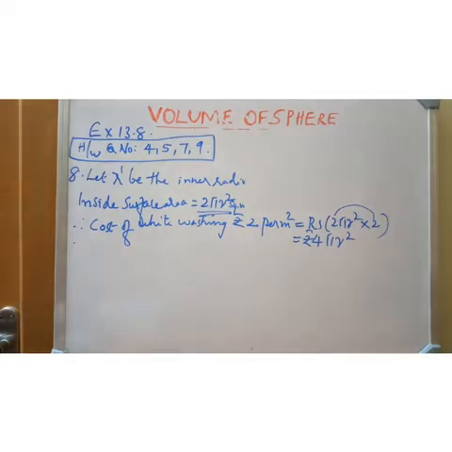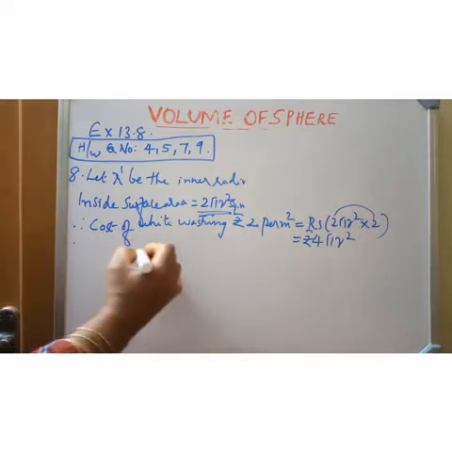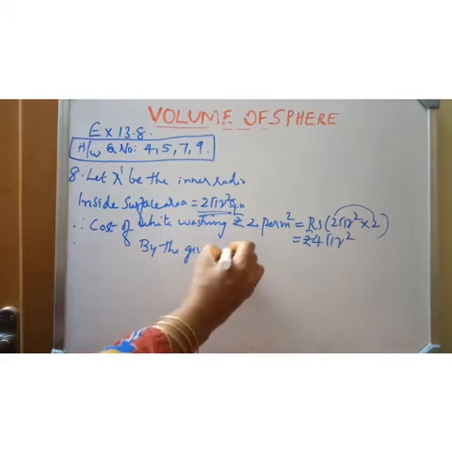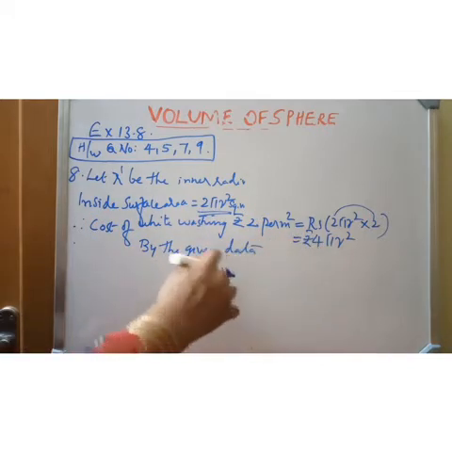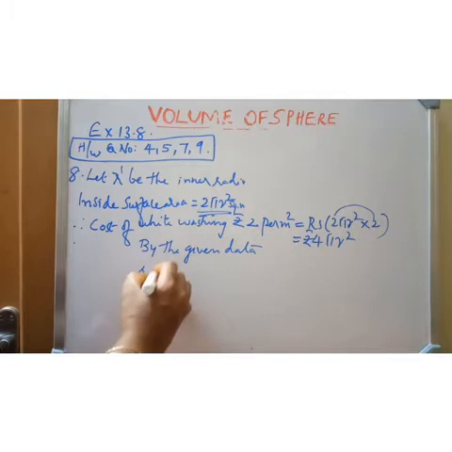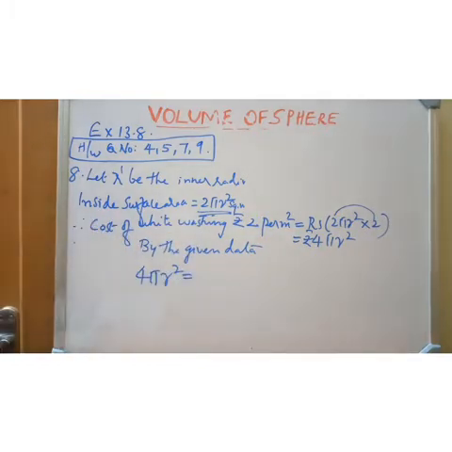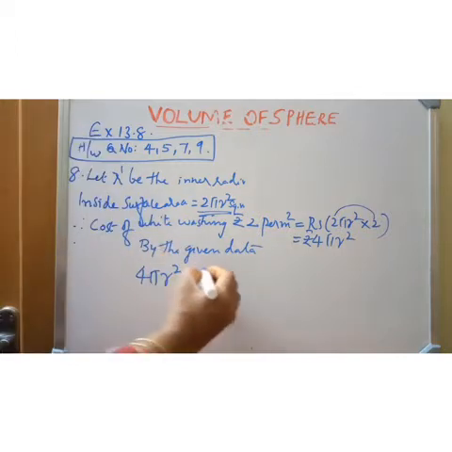That amount is given in the question data. According to the question, what is 4 pi r square? 4 pi r square they are given as 498.96.